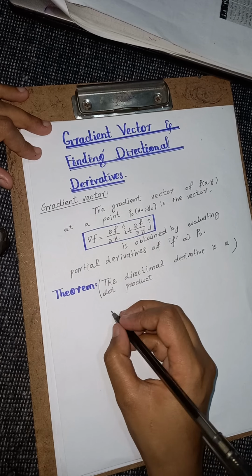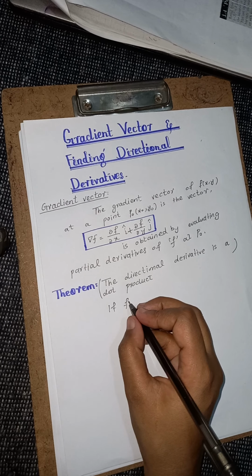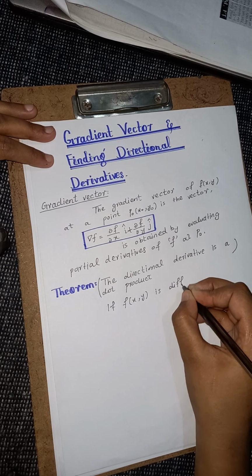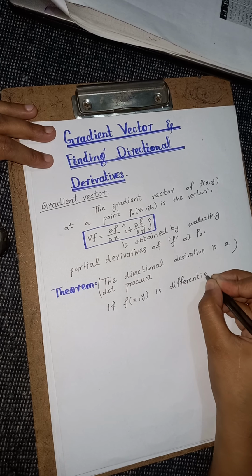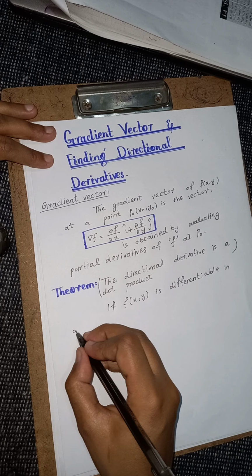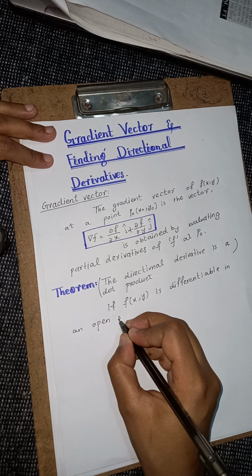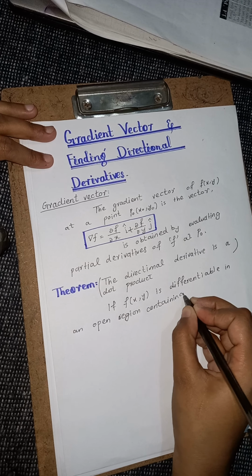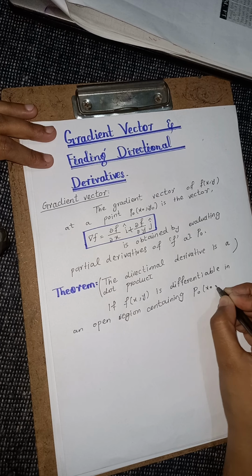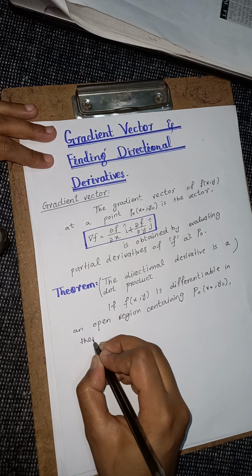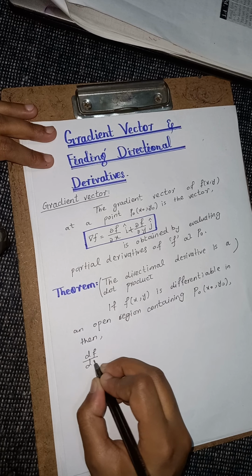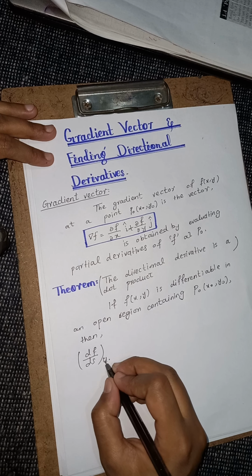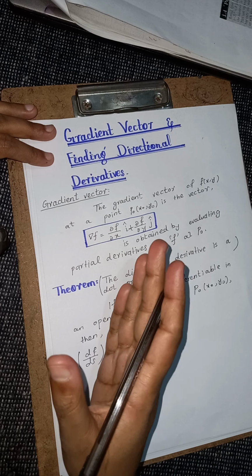Now students, the theorem says that if you have a function f of x y that is differentiable in an open region containing p naught (x naught, y naught), then df by ds, as I discussed in the last lecture, means that we need to find the directional derivative in the direction of some unit vector.